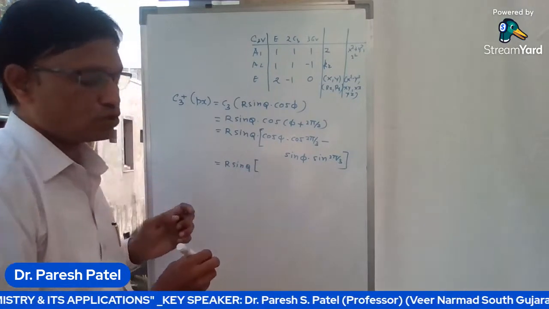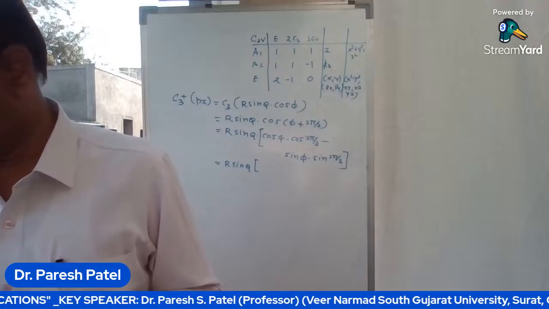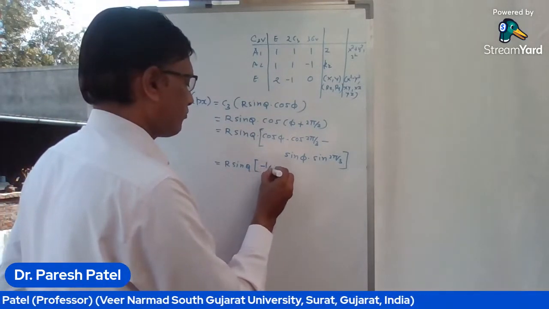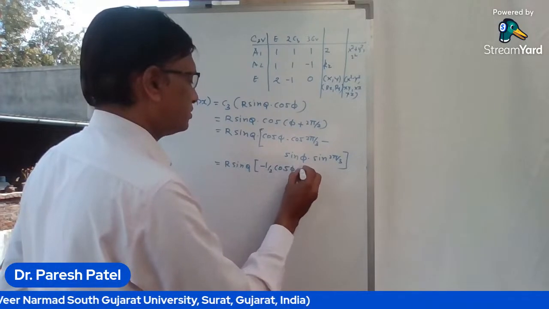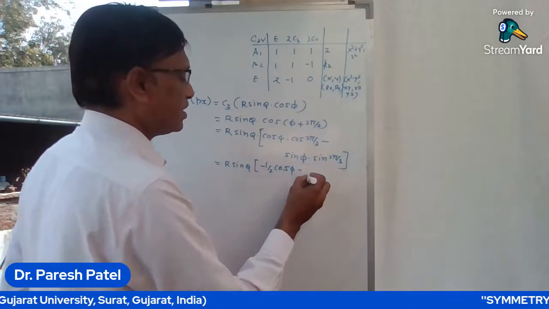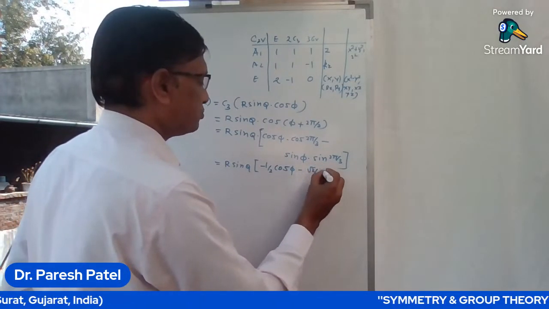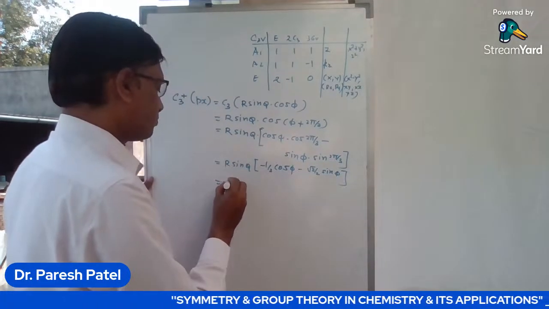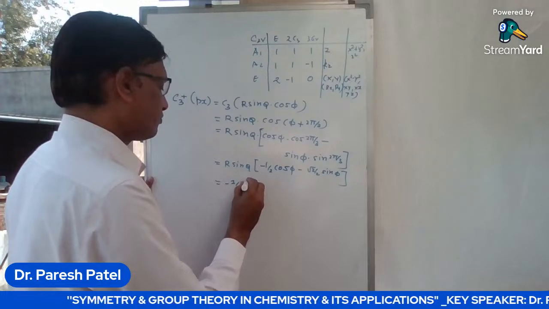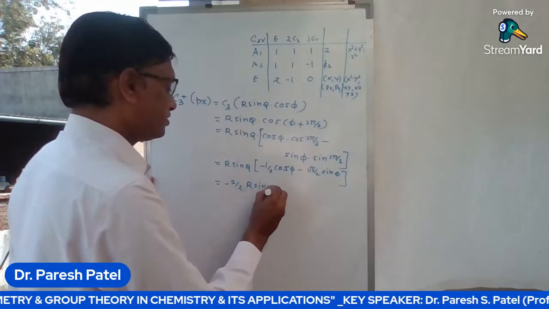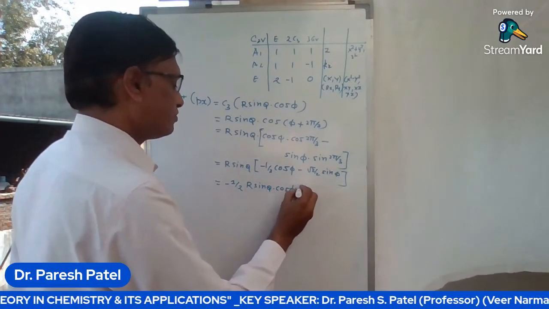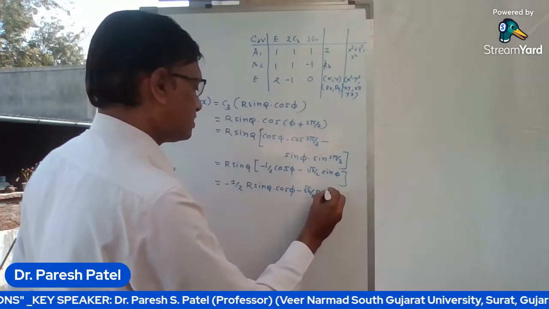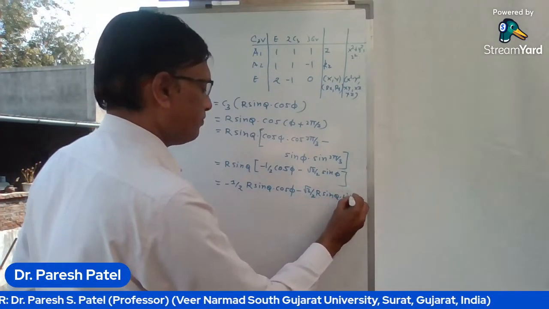Now cos 2 pi by 3 can be represented as minus 1 half, and the value for sine 2 pi by 3 is root 3 by 2. So this is equal to minus 1 half r sine theta cos phi minus root 3 by 2 r sine theta sine phi.